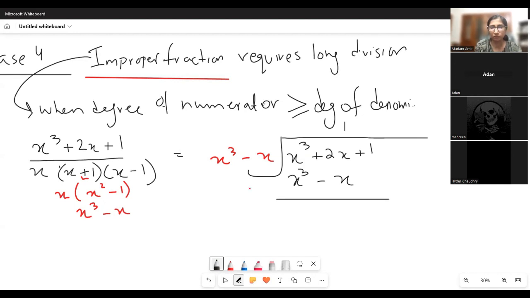And then change the signs. We have minus here, plus here. This gets cancelled. And we get 3x plus 1. Now the degree of the remainder is smaller than x cubed. So we're done here. We can't further divide this.